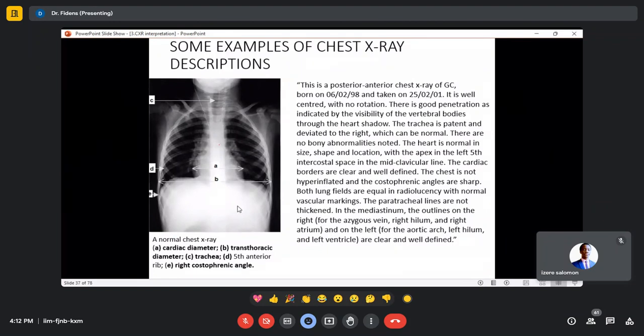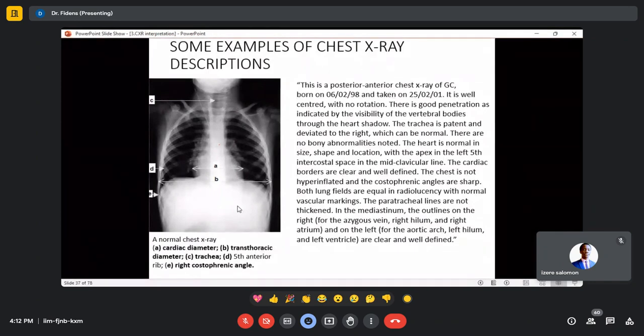I think we say there is over penetration if the vertebral bodies are clearly seen within the lungs. How is it here? How is the spine? It is faintly seen.